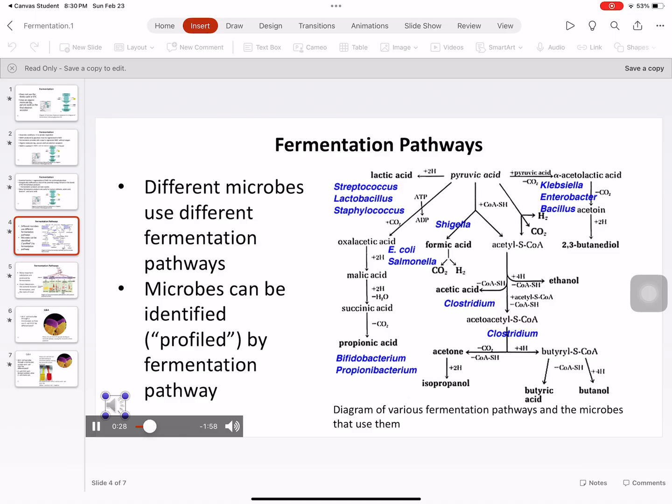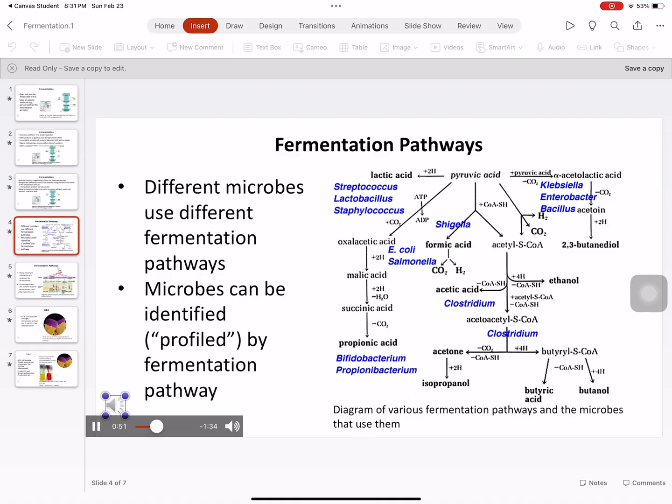Now, don't panic. We're not expected to learn all of these different fermentation pathways or the different microbes that use them. This is just to illustrate, again, that different microbes use different fermentation pathways.